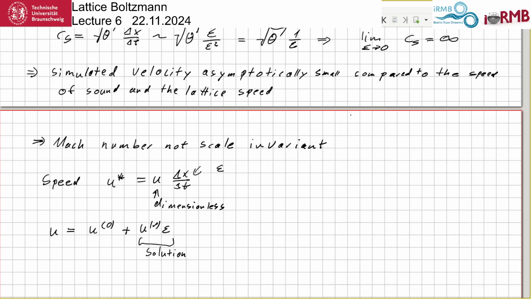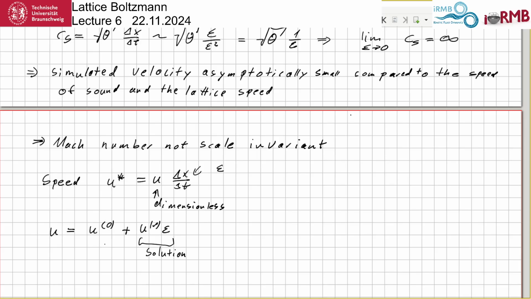So you cannot do Lattice Boltzmann by putting in the velocity in meters per second. That doesn't work. If you scale down, even the velocity is getting smaller, and later when you analyze your data, you have to upscale it.